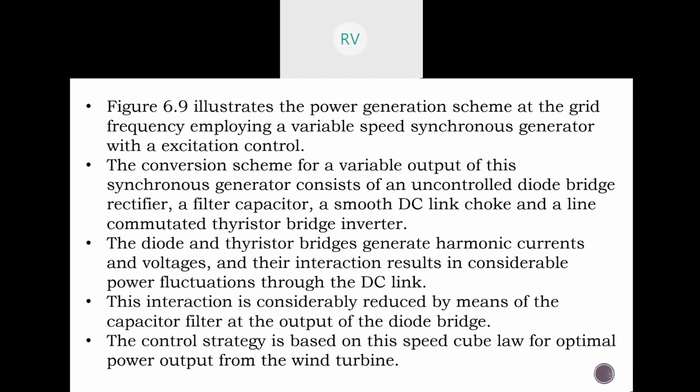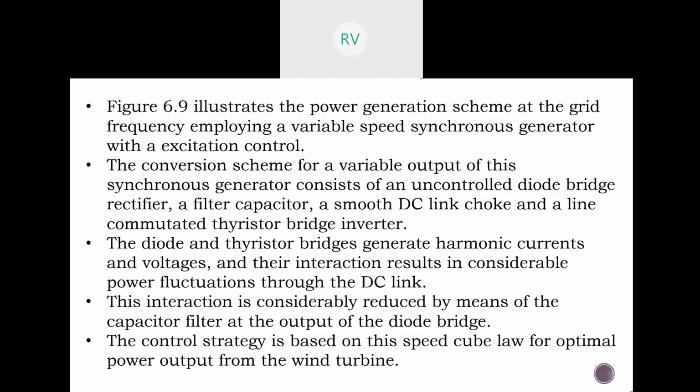The diode and the thyristor bridges generate harmonic currents and voltages, and their interaction results in considerable power fluctuations through the DC link. So we know that whenever we are going for an electronic device, it might be a power electronic device or a normal electronic component, there is a chance for harmonic voltages and currents to be present, right?